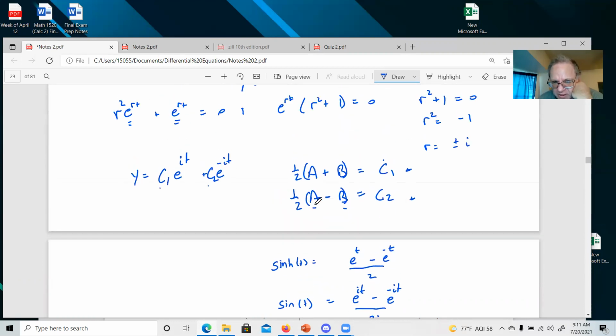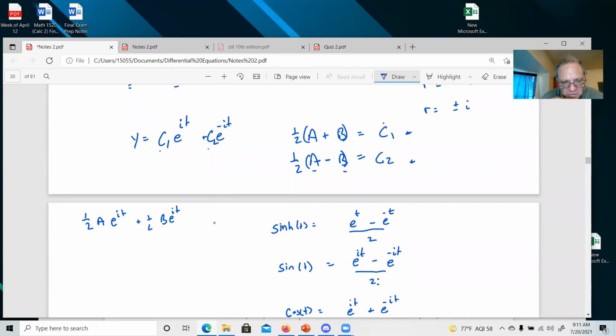That's why I pulled the 1/2 here, so that we can say this is C1, this is 1/2 A e to the it plus 1/2 B e to the it, and this was 1/2 A e to the negative it minus 1/2 B e to the negative it.